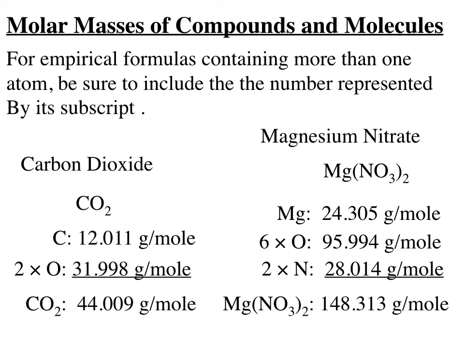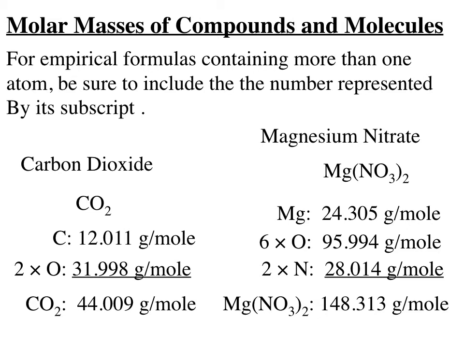Each oxygen individually is 15.998 grams per mole. 2 of them is 31.998 grams per mole. So the total mass for a mole, or an Avogadro's number, of carbon dioxide is 44.009 grams per mole, compared to the 28 grams per mole it would take to weigh out carbon monoxide.